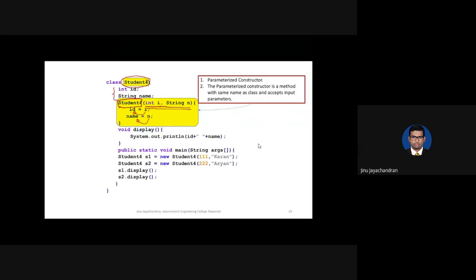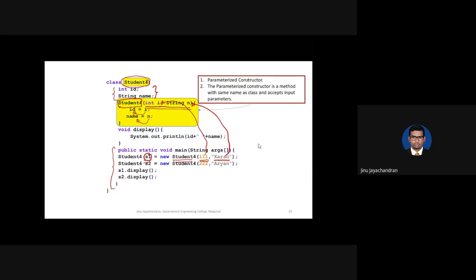Now coming to the main function, when I create the object S1 of Student4, instead of directly calling Student4, I just use a number, comma, a string. So what happens is 111 will be passed to i and the string will be passed to n. So these two variables will get initialized for the object S1.